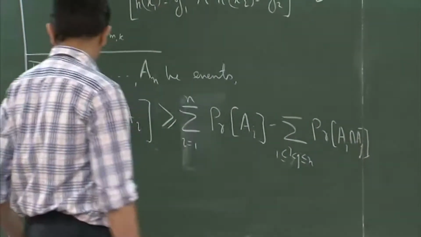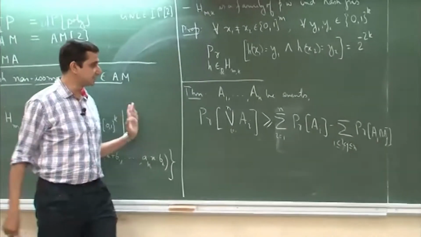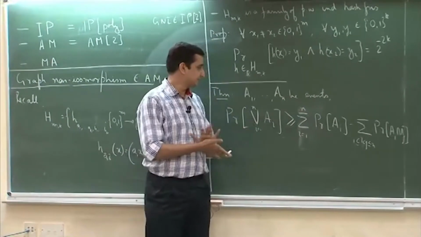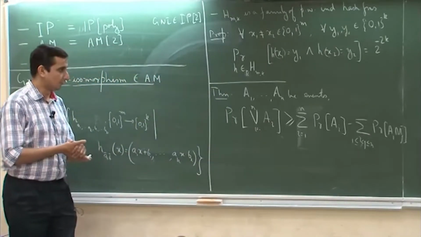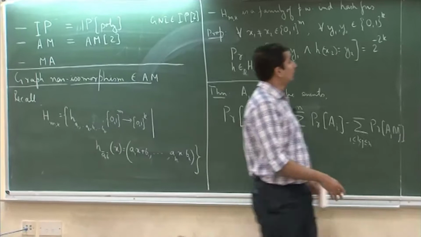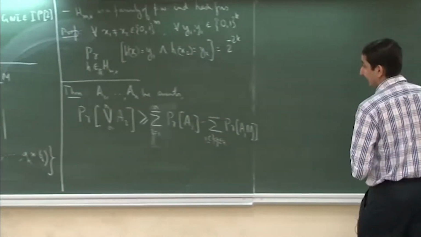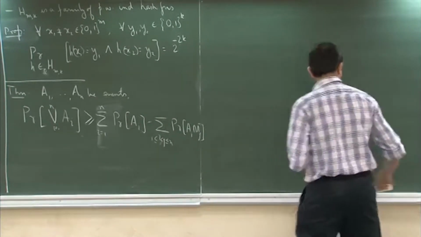In its full generality, the inclusion-exclusion principle just carries on this chain and the inequality gets replaced with an equality, but we will just use this corollary. That is what we will need.